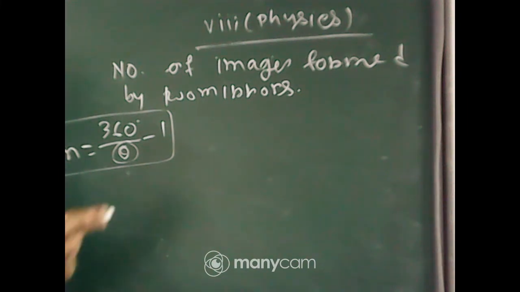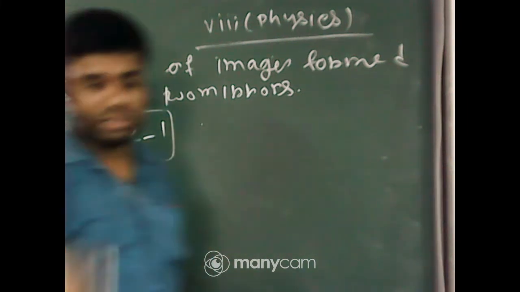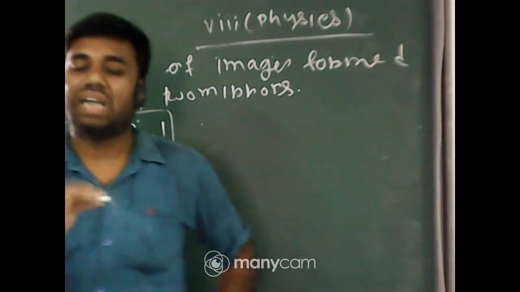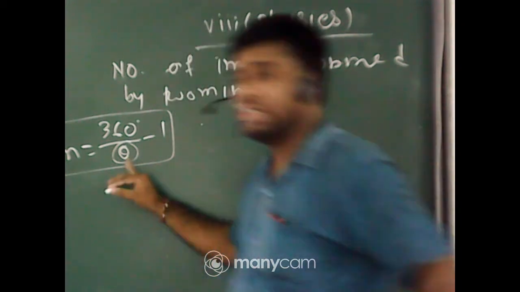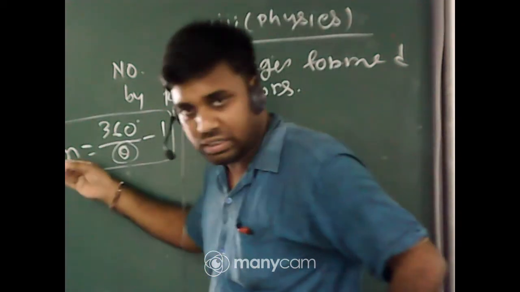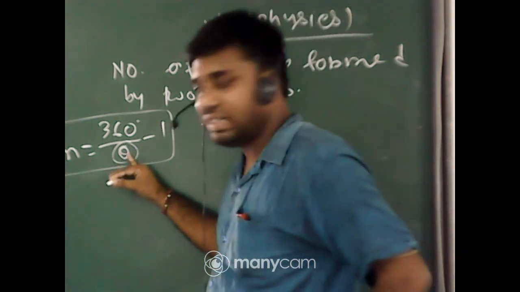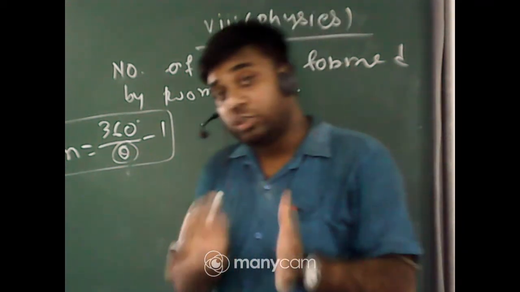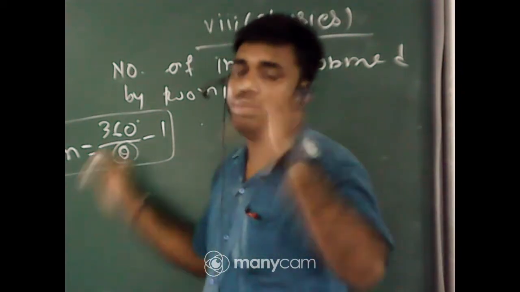The number of images does not depend on the quality of the mirror. It depends only on theta. If theta is increased, the number of images will decrease. If theta is decreased, the number of images will increase.